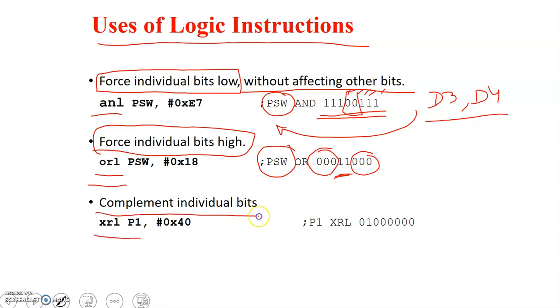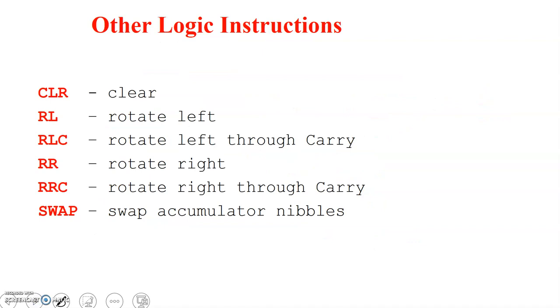So what is the use of XOR? It complements the individual bits. Okay, so if I am using 1 here, the D6 bit of the port P1, which I have used here, will be complemented. The rest will be unaffected. Okay, so these were some of the logical instructions.